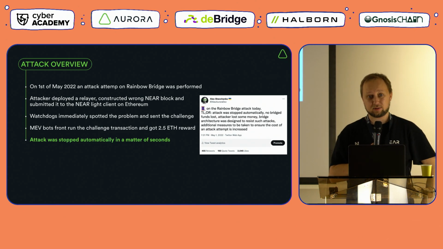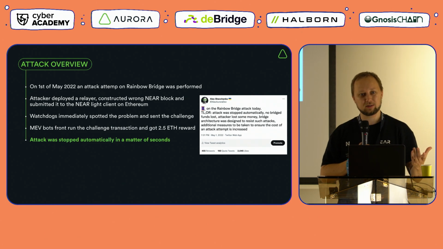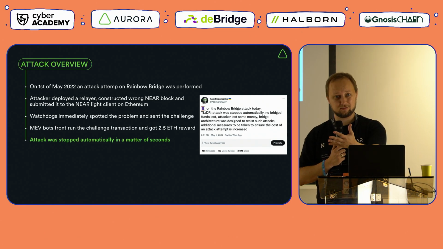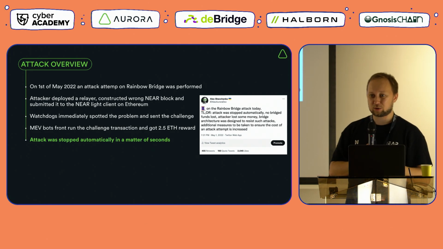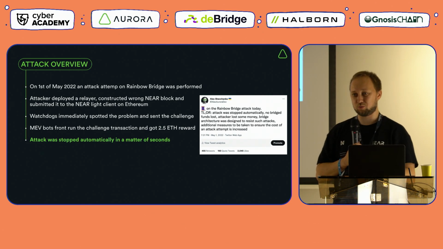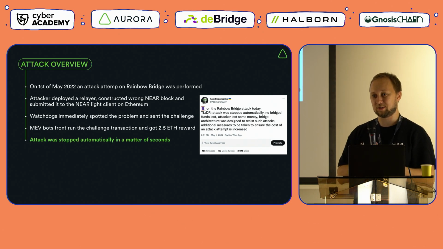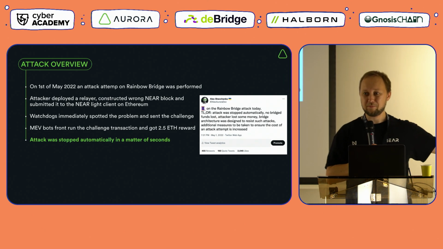And what happened is that watchdogs immediately spotted that something is wrong and submitted the transaction, which is the challenge transaction. And then what happened was something that was not working according to the thing that I was just explaining to you before.